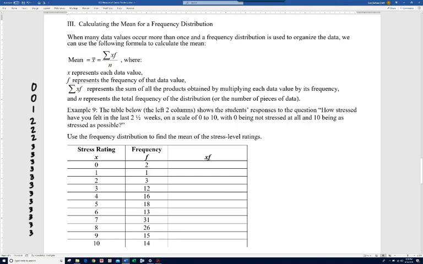And the same thing is going to be true when we're trying to find the mean here. So first of all, if we're going to sum the xf's, we need to find the xf's. So before we do that, I just want to say, notice if you add the 2 zeros, you get 0. And that's like in the table multiplying 2 times 0. So that's just 2 zeros. 2 zeros equals 0.